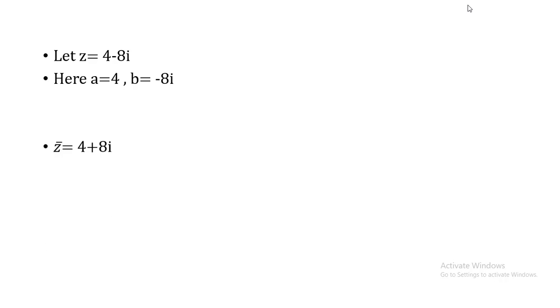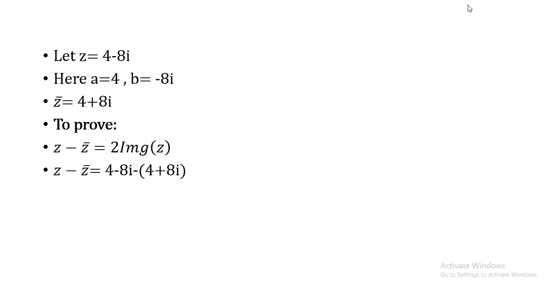Let z bar equal 4 plus 8 iota. Obviously we're finding its conjugate. Now we are proving z minus z bar equals twice the imaginary part of z. So 4 minus 8 iota minus 4 plus 8 iota.